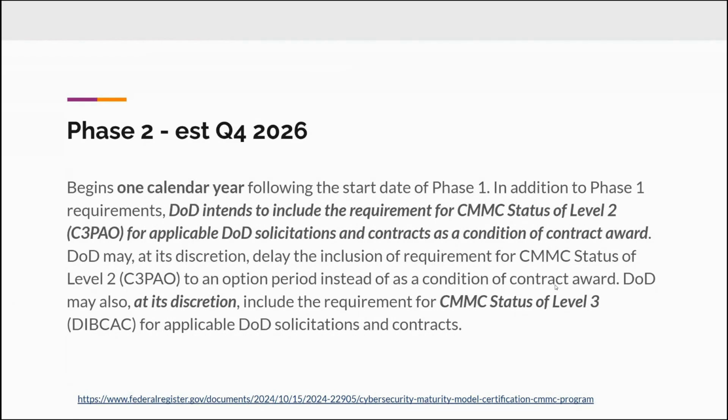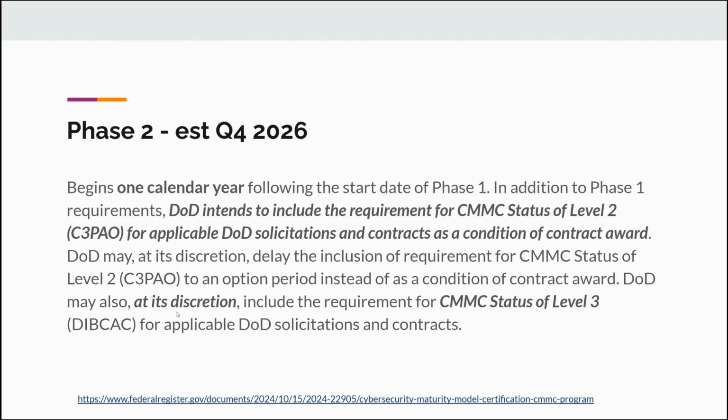They may choose to have a release valve to be an option period rather than contract award. And this isn't going to apply to a lot of people here because they estimate less than 1% of contracts are going to require level 3. But they may at their discretion include the requirement of level 3 for applicable DoD solicitations and contracts. So phase 1 is everything self, some C3PAO. Phase 2, their plan is to include the requirement for applicable, so not all, but applicable contracts as a condition of contract award.